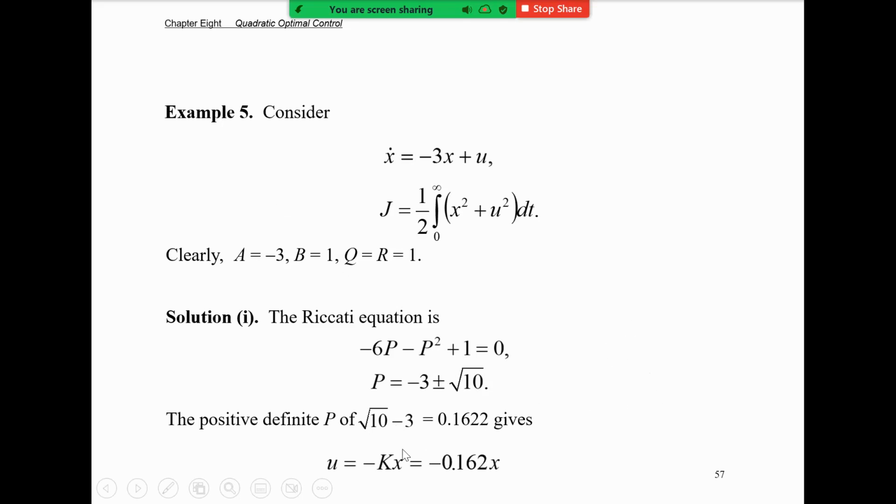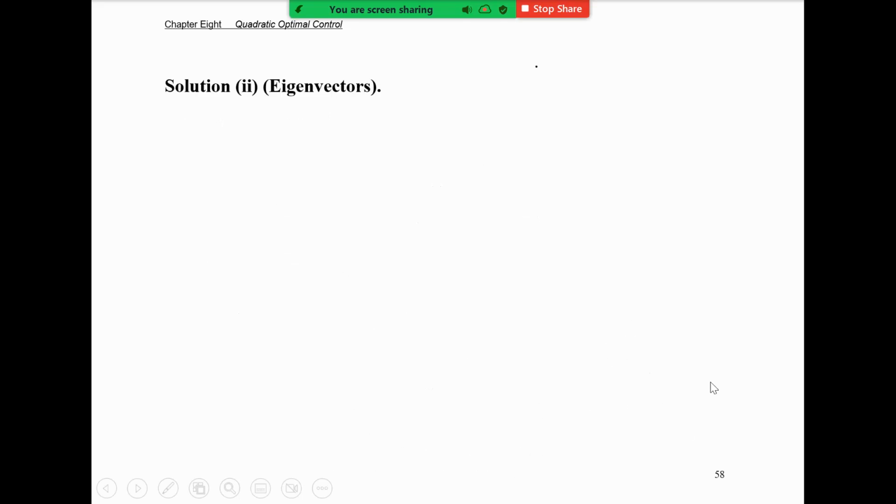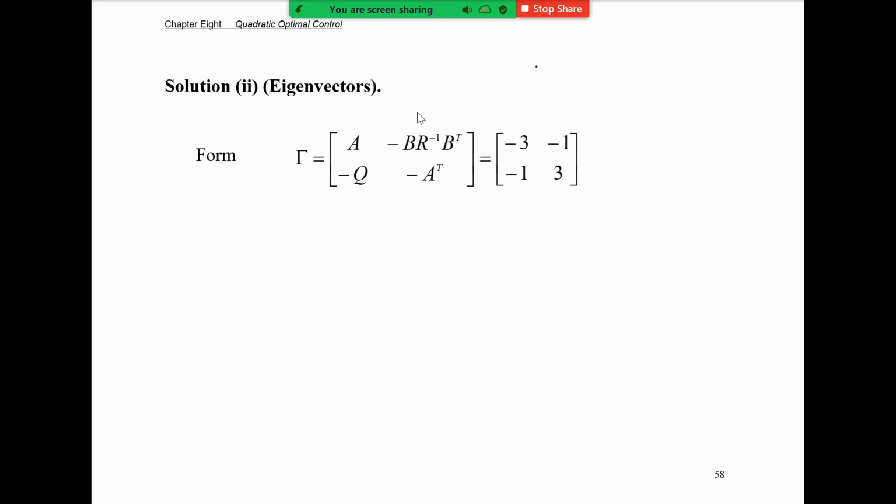Now let's follow the second way. We do the eigenvector way. So for that one, we form the gamma matrix. The original one is 1, so therefore it will be a 2 by 2 matrix. You put in the values of A and B. A is -3, B is 1.